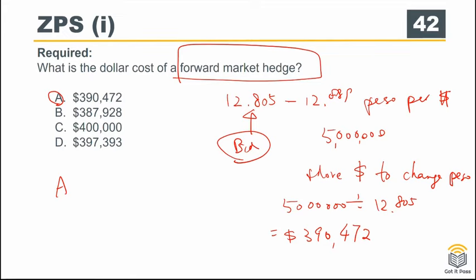You find the forward rate, which is 12.805, the bid price, and you convert it into dollars. So you find the answer is $390,472 to convert the 5 million pesos in this question. Okay, move on to the next question.